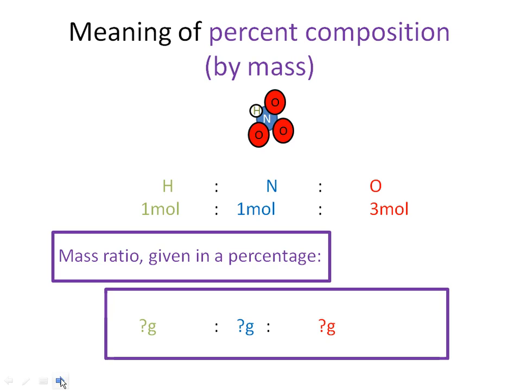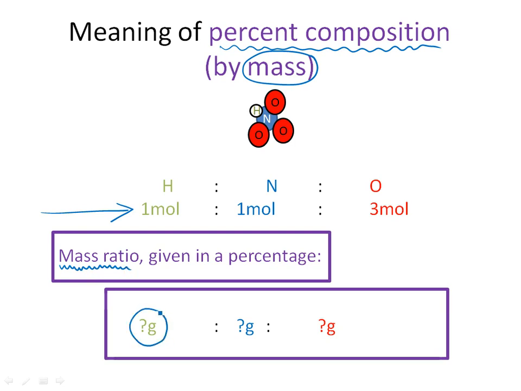However, what is the meaning of percent composition? Percent composition is a ratio by mass, not by particles. The formula gives us a particle ratio, 1 to 1 to 3. But what they are asking us to do in this question is to convert this particle ratio into a mass ratio.